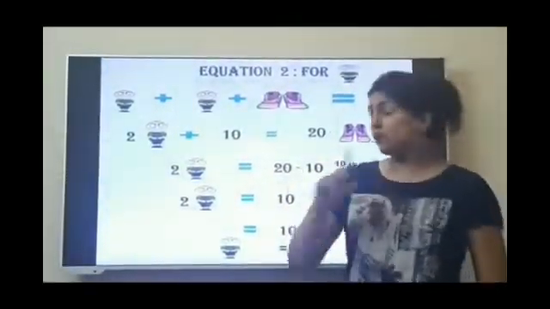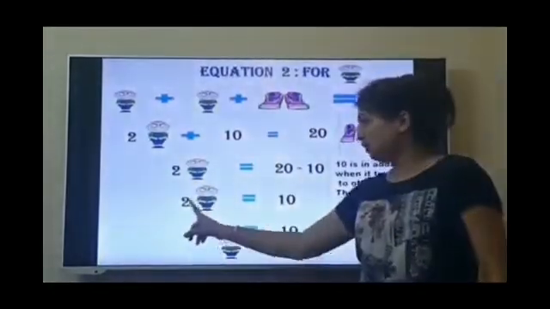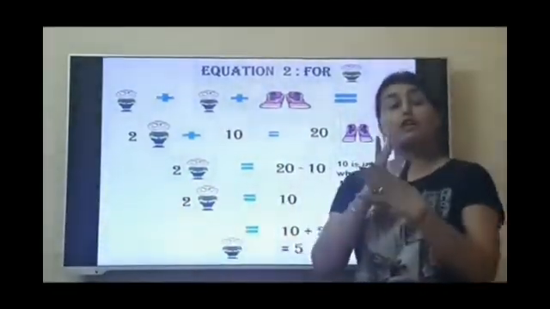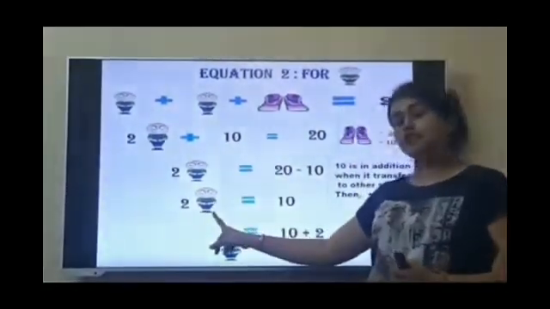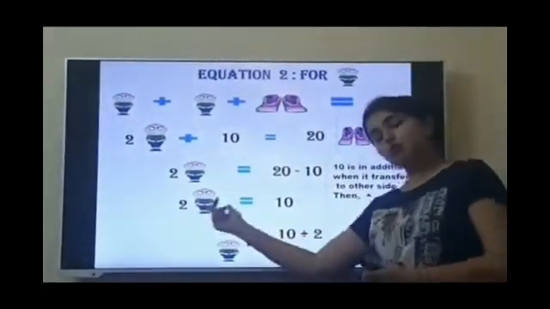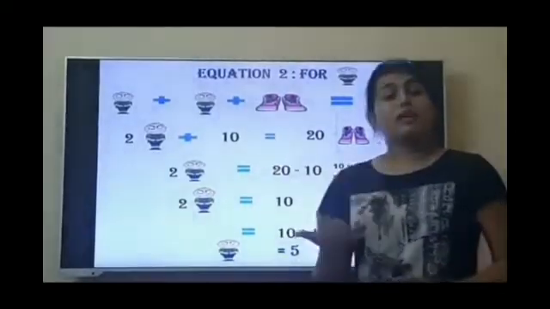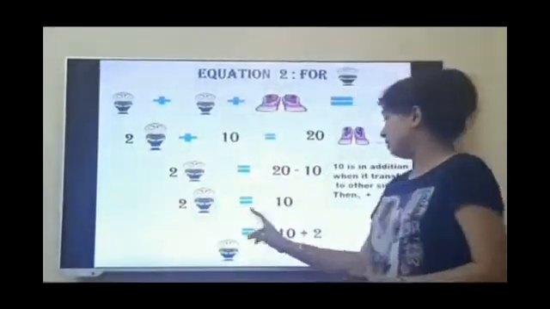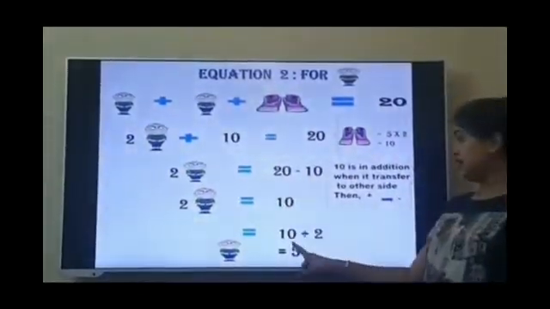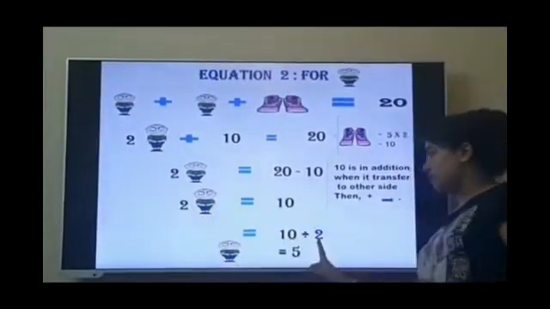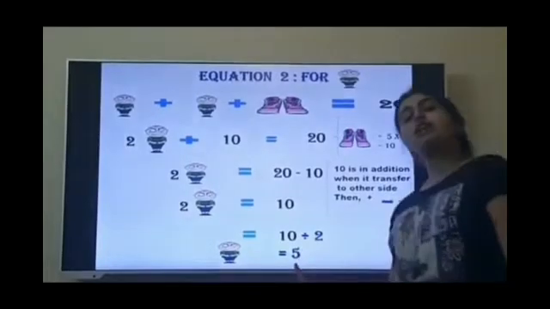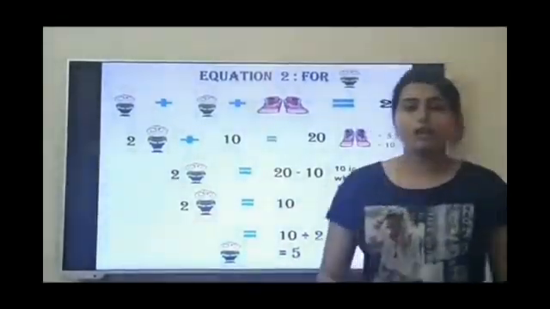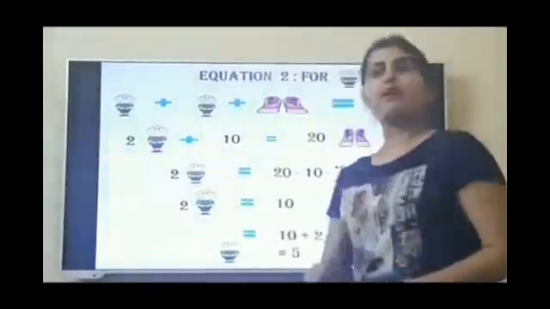And as I explained to you, when there is no sign between 2, then there is a sign of multiplication. Now this 2 is in multiplication. When you transfer this 2 to the other side, then it will be in division. So here you can see 10, and this 2 I transferred over here. It is in divide. 10 divided by 2, the answer is 5. So the value of 1 boy is 5.